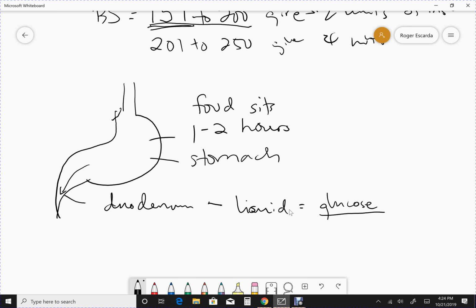Now, if you remember your insulin, let's say rapid or even short-acting insulin, the peak is about 1 to 3 hours, which makes it perfect to peak around the time that sugar is absorbed in the duodenum.